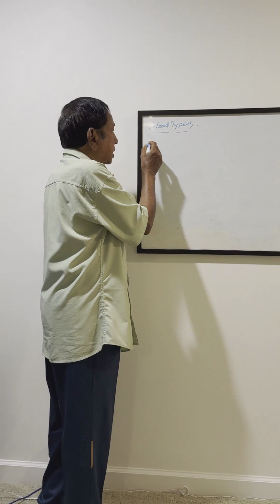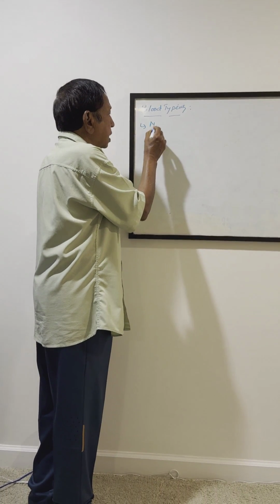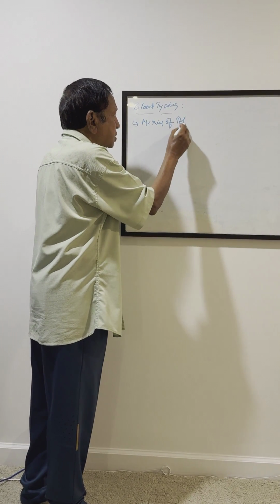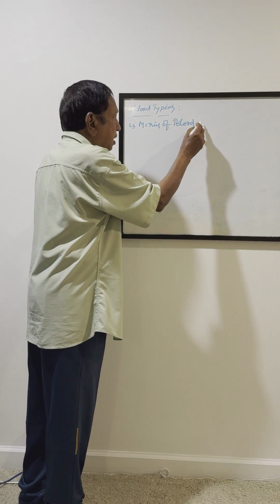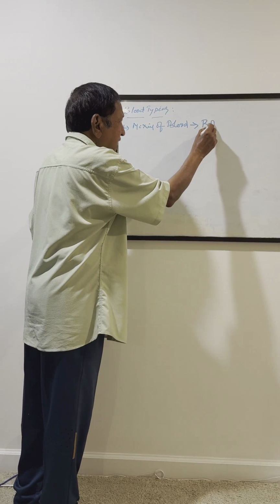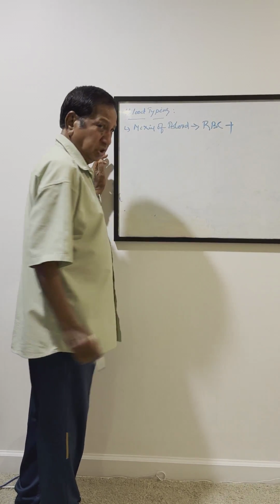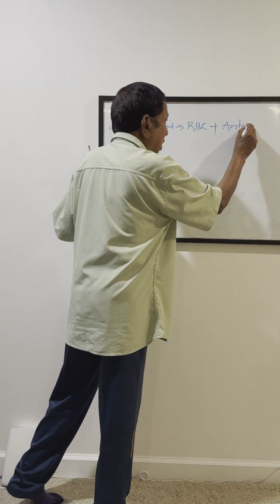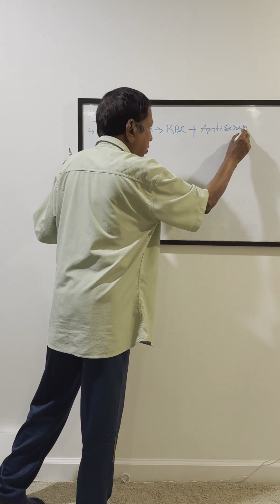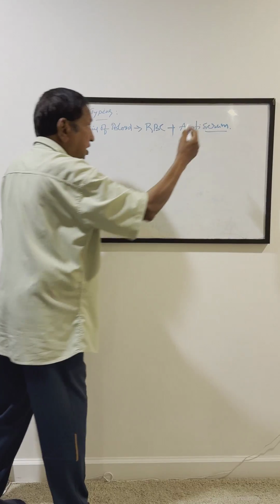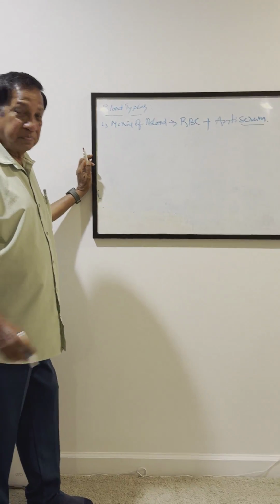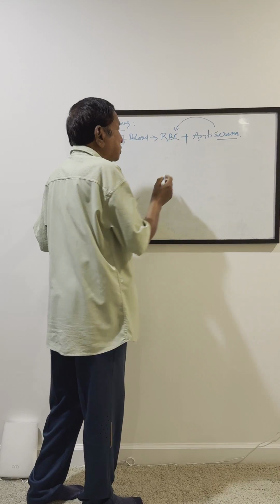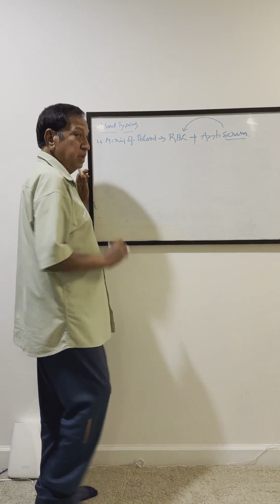Blood typing is where blood is mixed: they take the RBC cells and mix them with the anti-serum. What is anti-serum? I already told you that serum is the one which contains the antibodies. They mix the antibodies with the RBC in blood typing.